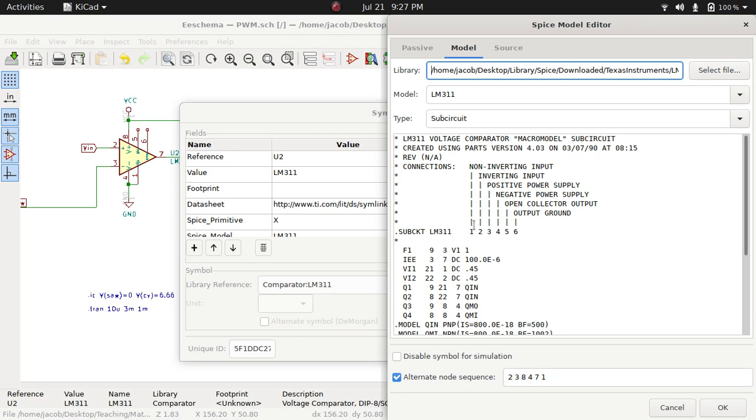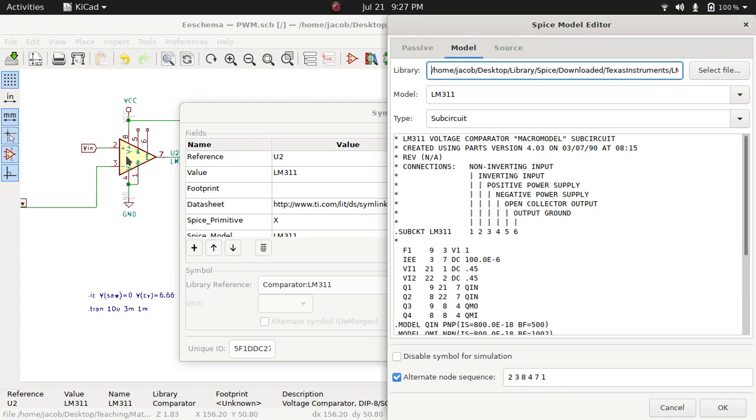So I'll have to specify the order of how these pin numbers are mapped to the model order, and I have to specify that here. I have to tick this alternate node sequence, and then the second pin is the non-inverting input.